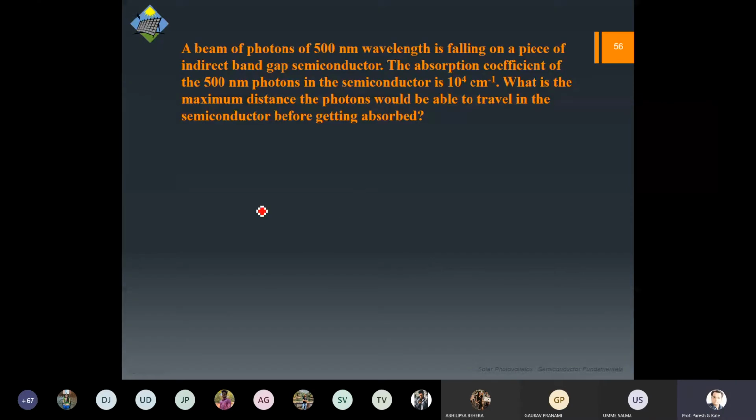Absorption length versus absorption coefficient. You can see that a beam of photons of 500 nanometer is falling. It's a monochromatic line, monochromatic means only one wavelength we are talking about. The absorption coefficient is given as 10 raised to 4, unit is of course per centimeter. How much distance will it travel? What is the answer?